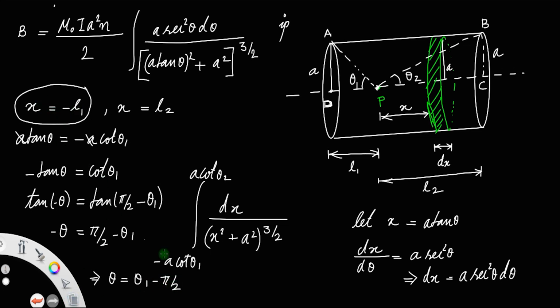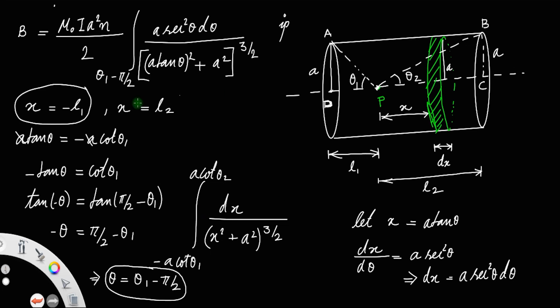So when x is equal to minus L1, theta is equal to theta 1 minus pi by 2. So the lower limit will be theta 1 minus pi by 2.